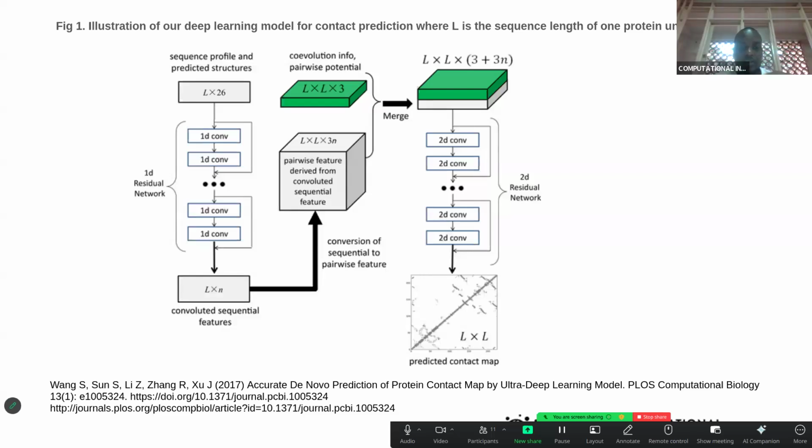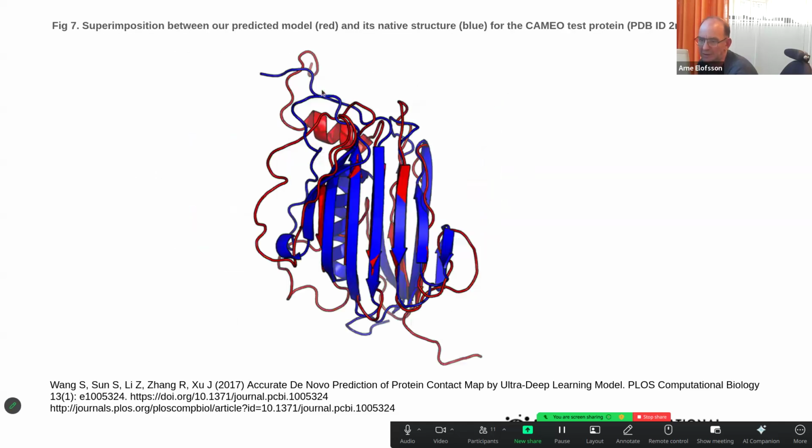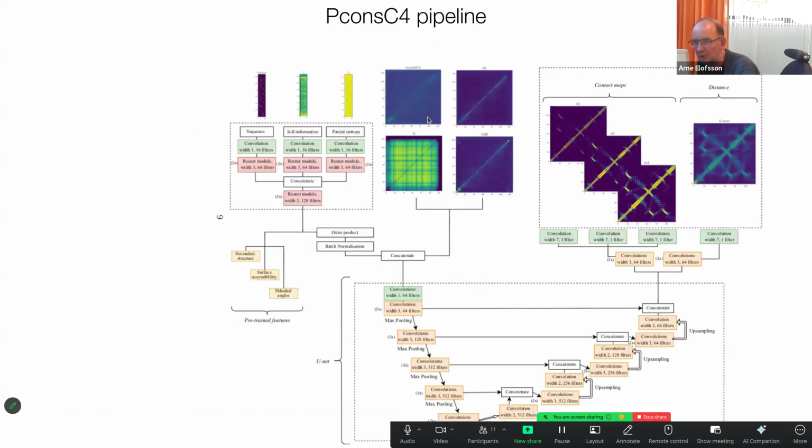So the input is the coevolution information per potential. In our case, the input was these DCA predictions in a few different flavors, basically PLM DCA plus some extra information, but that's marginal information.